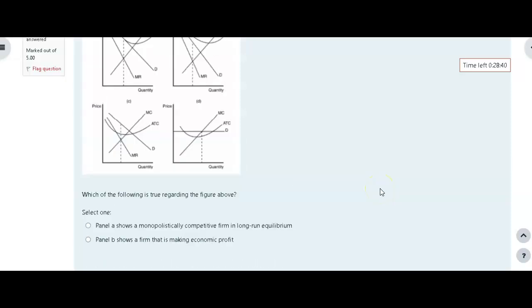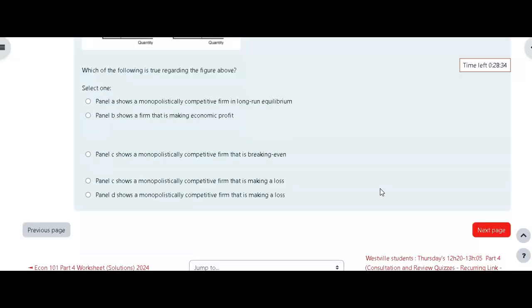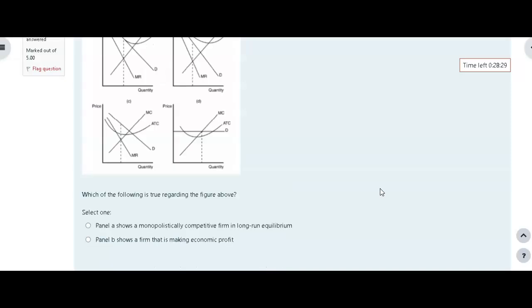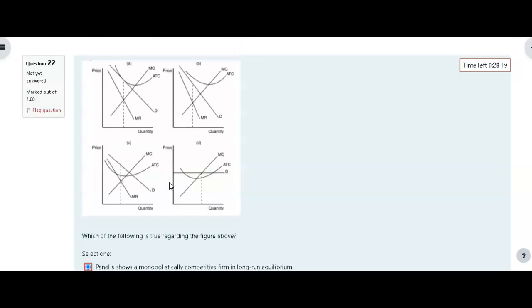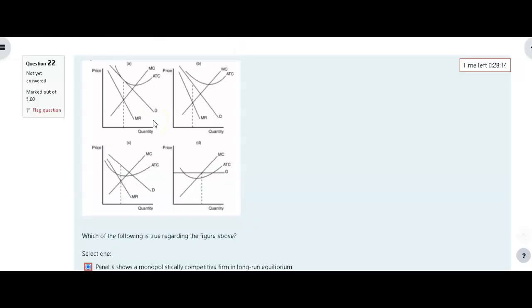For this one, looking at it, which one is correct? Let me check. So read all this and see. Okay, I think it's A. Because in the long run, all you need to know is that a monopolistic competitive firm will break even.